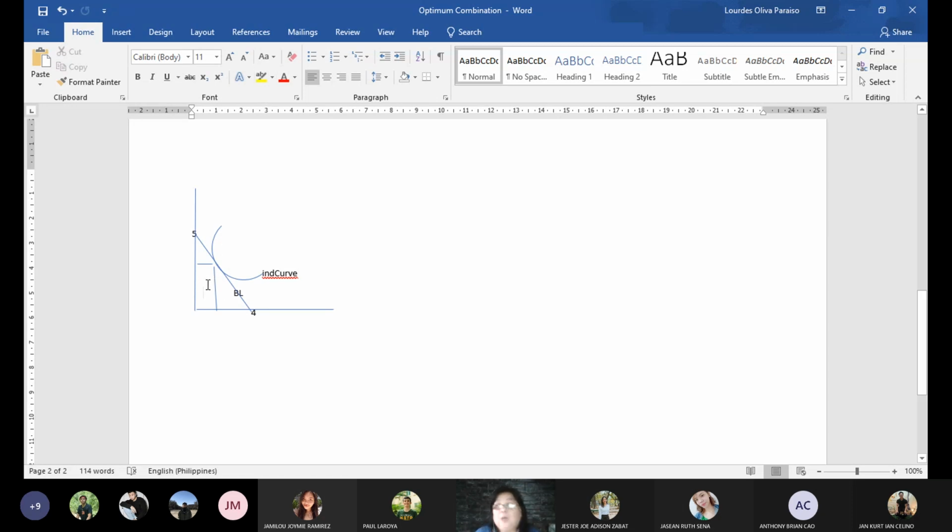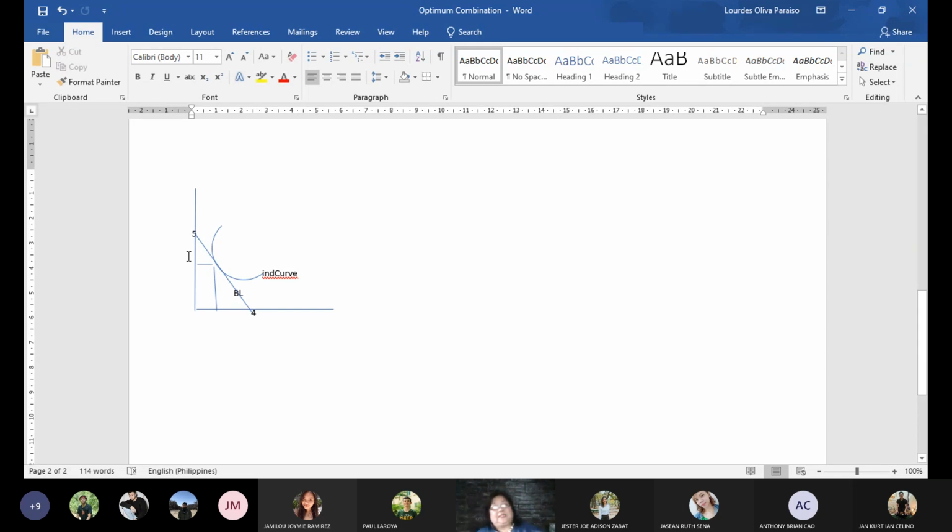This space would represent the yield of satisfaction, or satisfaction yielded. So from this point to where your budget line and your indifference curve are tangent, that is what you call the satisfaction yielded of a budget line of 14 pesos with a quantity of 5 for good A and 4 for good B.